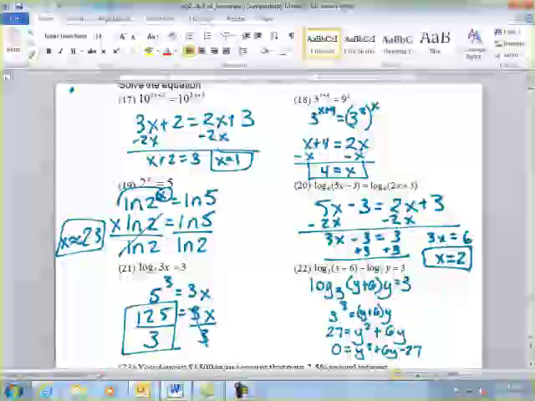I promise to give a factorable problem. And that is my preferred method. So what multiplies to negative 27 that adds to positive 6? Plus 9 and minus 3 will give negative 27 and positive 6.